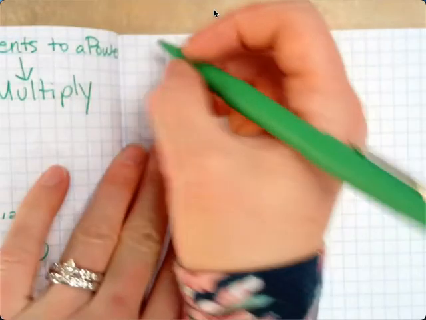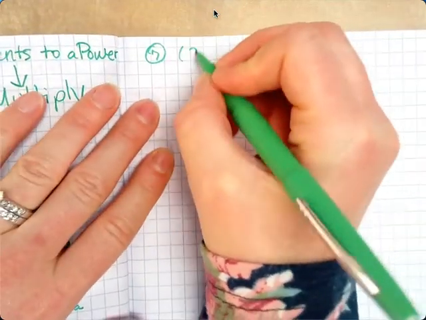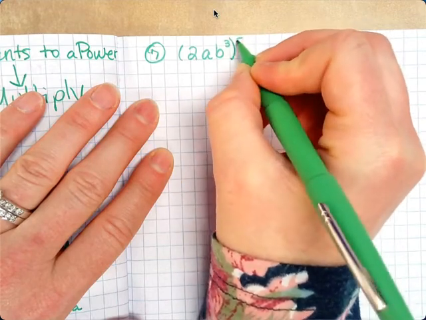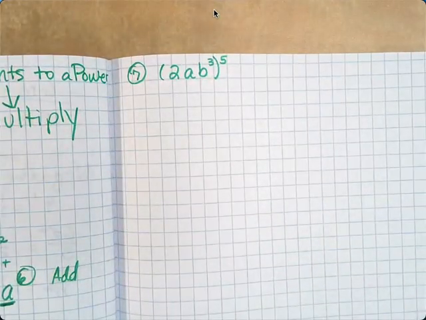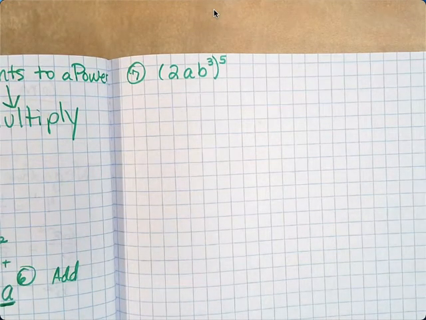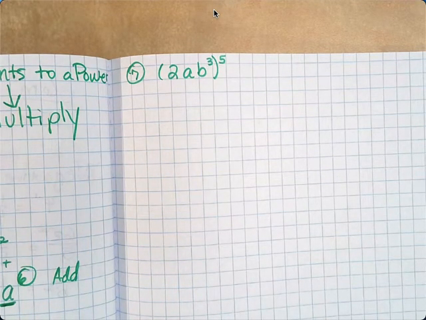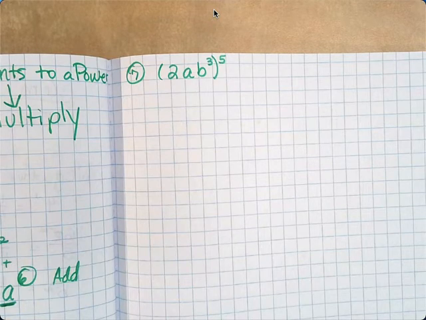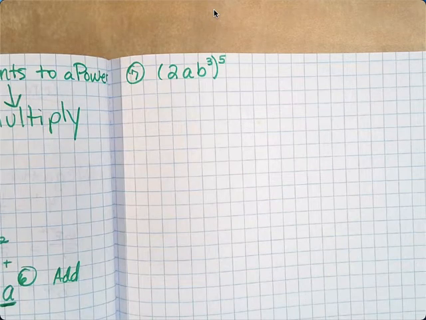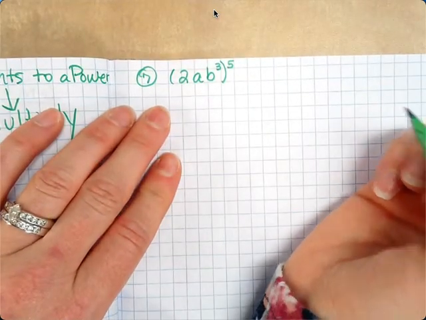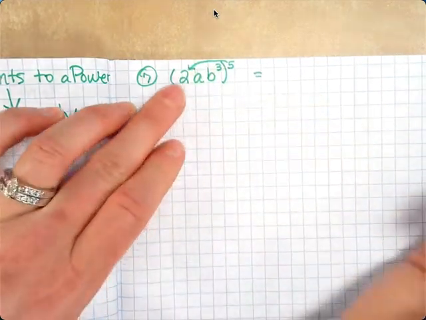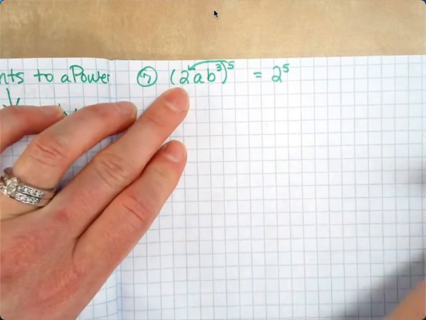Okay, let's do another one. 2ab to the third to the fifth power. So this would be 2 to the fifth, right?